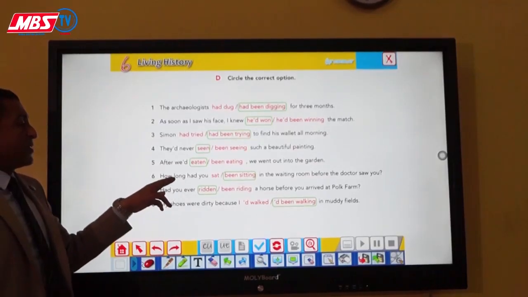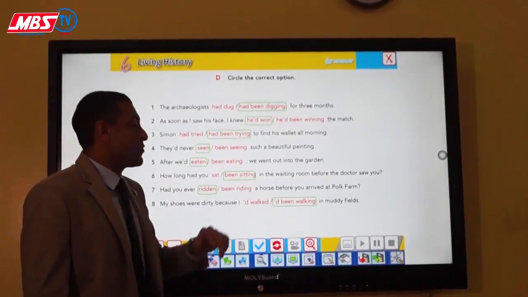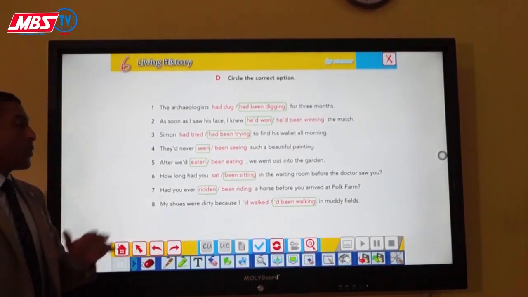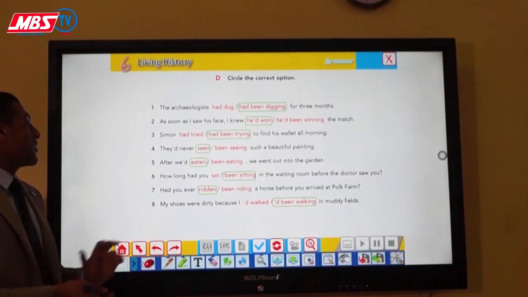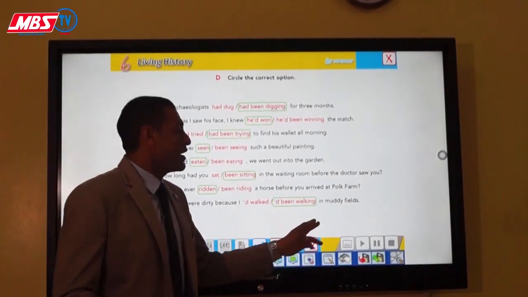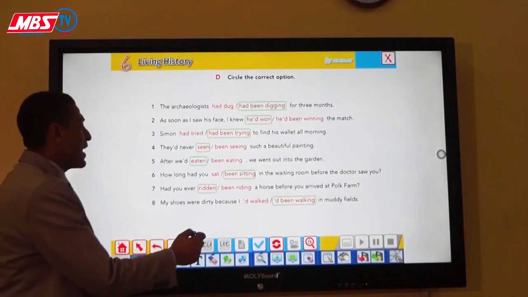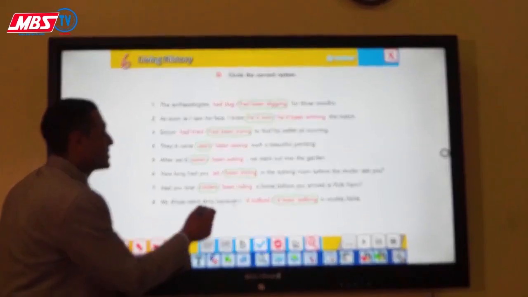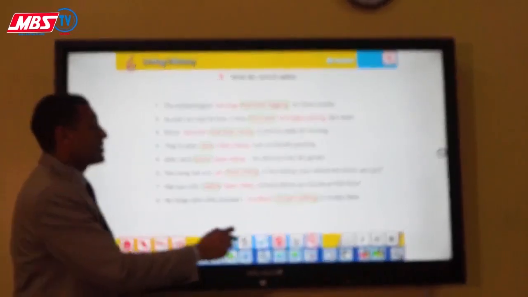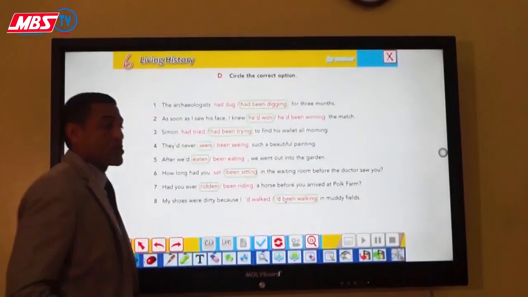Had you ever ridden a horse before you arrived at Pole Farm? So here I am focusing on the action itself. My shoes were dirty because I had been walking in muddy fields. So here I have an effect, the shoes were dirty. This is an effect that can tell me this action was in progress.